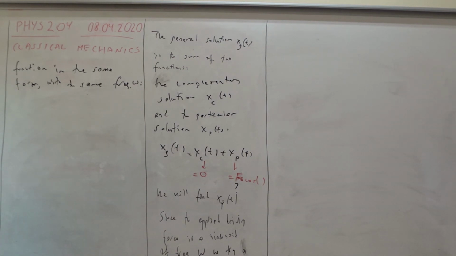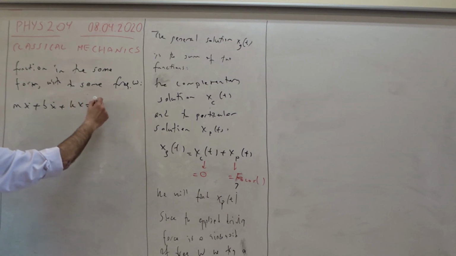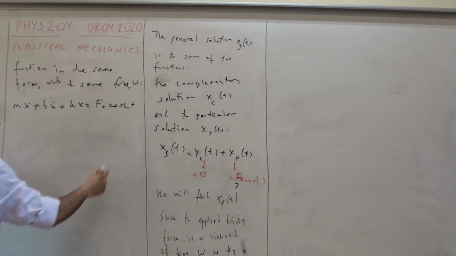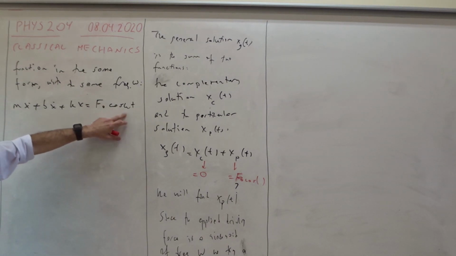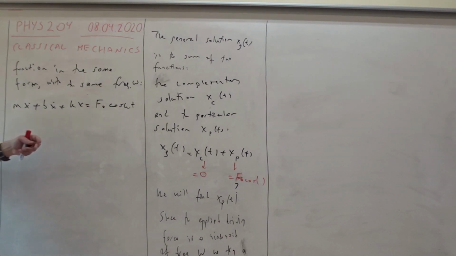So what do we have now? Let me just write the first line: m x double dot plus b times x dot plus kx is equal to f0 cosine omega t. Assume there is no phase given to this. Now we divide through by m as we did.